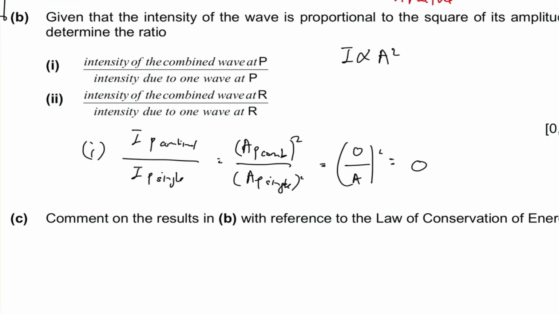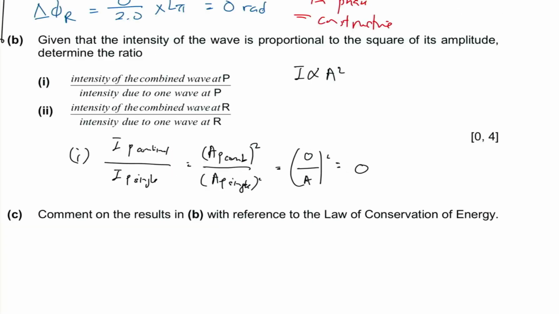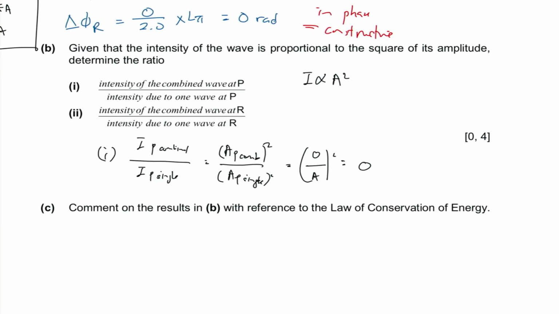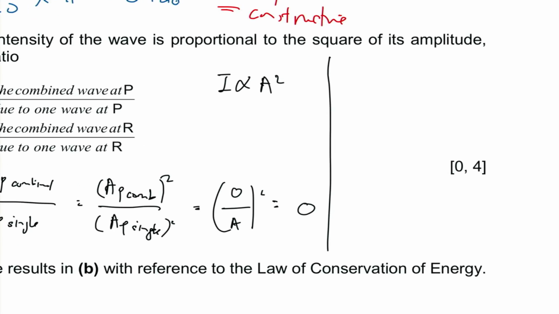Next we're supposed to find the second one. I think you get the idea. Sorry, it's a bit messy now. The second one is to find R. So this will be IR combined over IR single, equal to AR combined over AR single, and you can just square the whole thing outside.